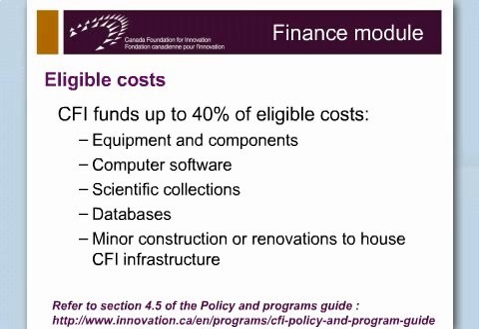So what are the eligible costs that can be covered by the CFI? Okay, the CFI funds up to 40% of any type of equipment and component, computer software, scientific collection, databases, and also minor construction or renovations to house the CFI infrastructure.